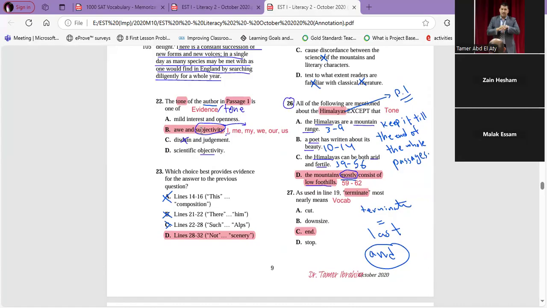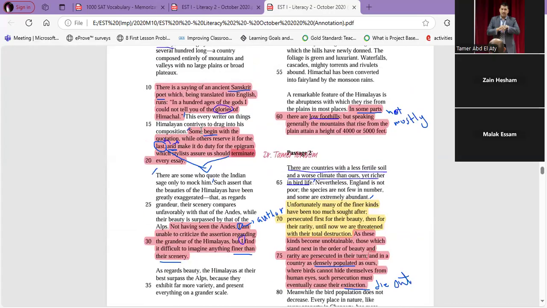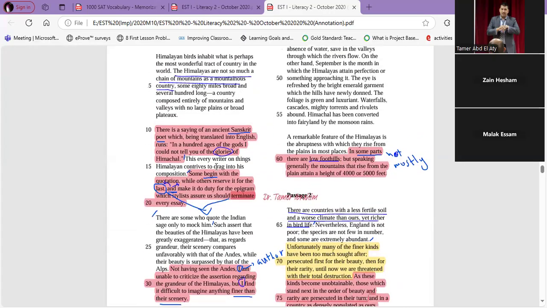Subjective point of view is when I use the pronouns I, me, my, we, our, us. Objective point of view is when I'm talking with facts and statistics. Okay, let's go to the part again and find out. Does he use subjective point of view? He uses only here I, but here he doesn't use anything.